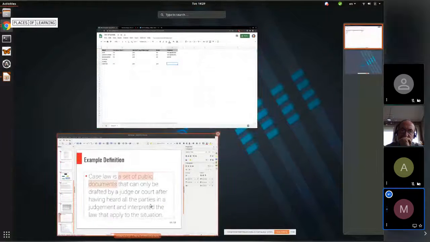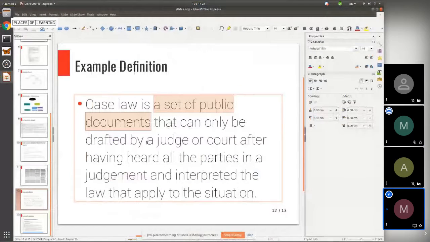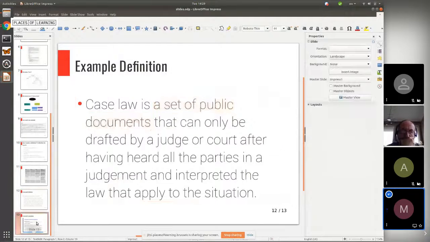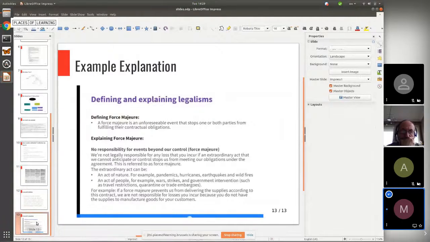Another alternative is the explanation. If instead of a definition, maybe it's very difficult to do, or we don't have it with us, then we need to explain it. And here I put an example of an explanation.